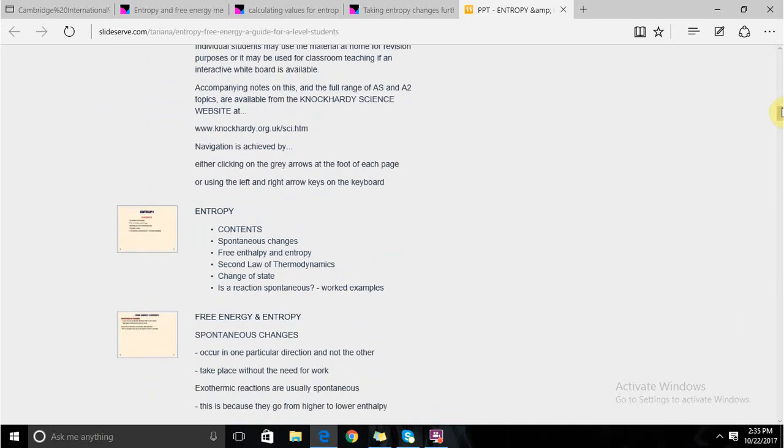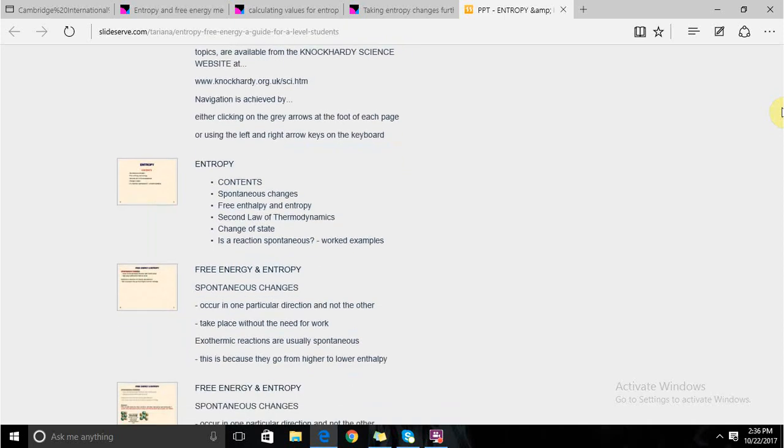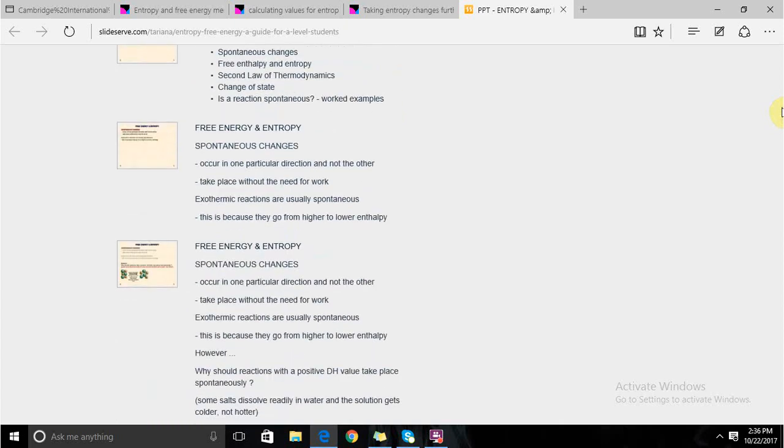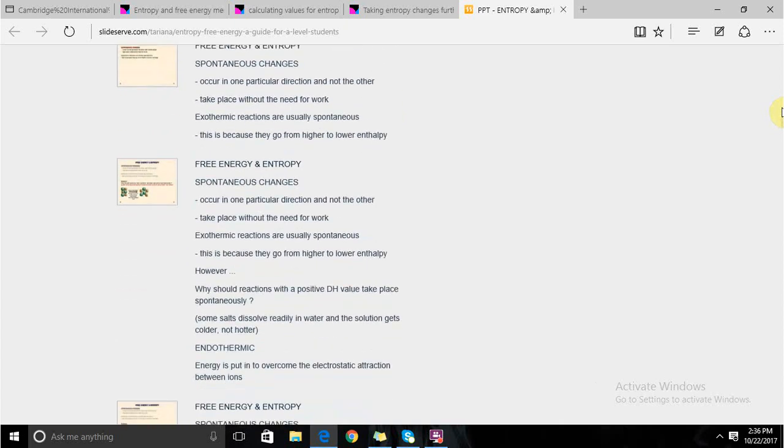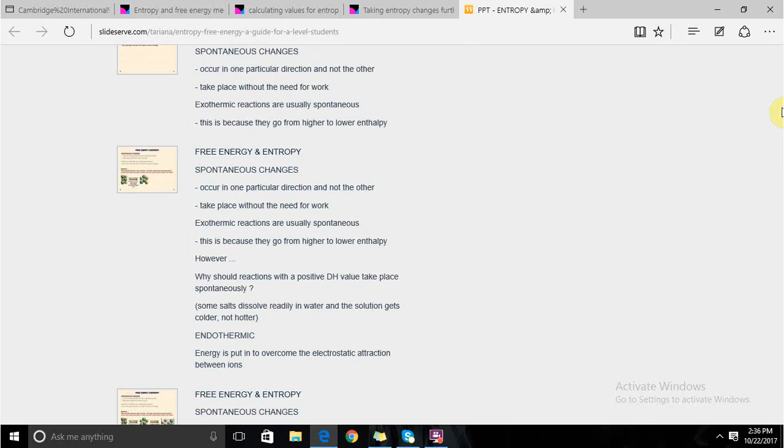Let's go over this. Spontaneous changes occur in one particular direction and not the other. This is something we didn't mention previously, and something you should probably remember. And they take place without the need for work. And exothermic reactions are usually spontaneous, right? And free energy and entropy, I guess I already told you this.